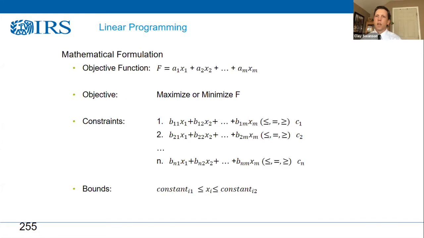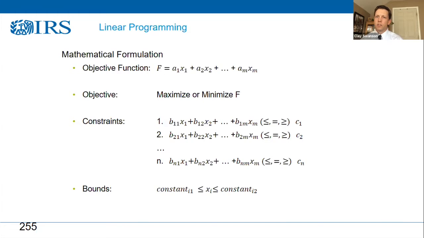Slide. Okay, just quick background on setting up linear programming problems like this. Since we have many possible solutions, we need some method of defining what is the optimal solution. So we have an objective function, which is a function of our decision variables. And then we need to specify whether we're trying to maximize or minimize this objective function.